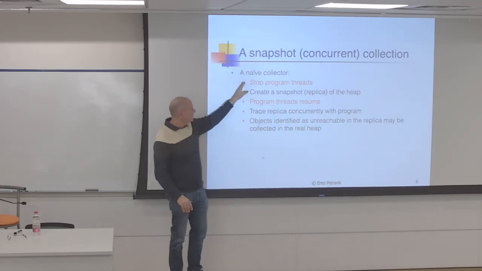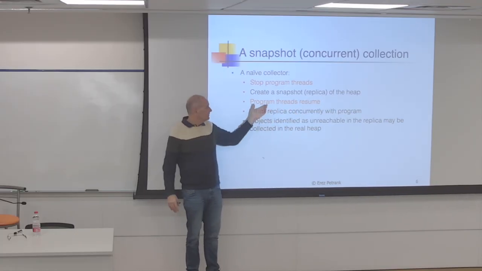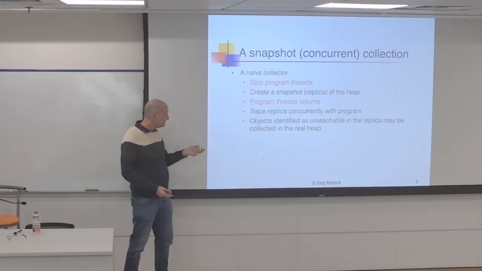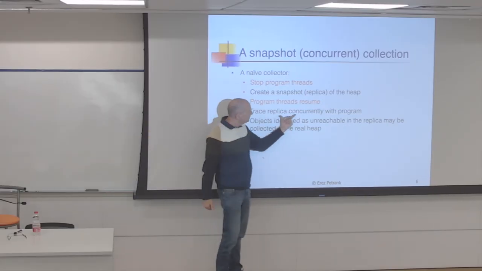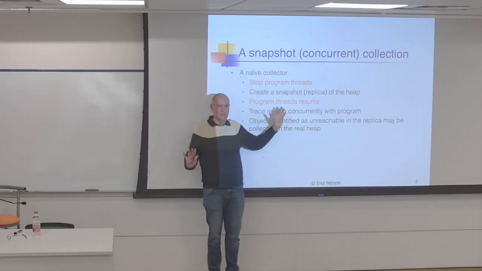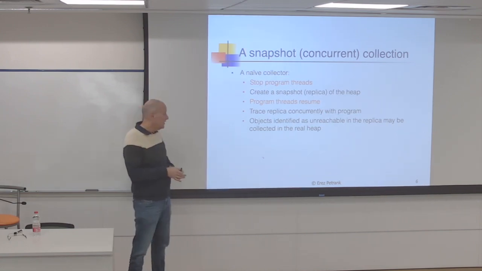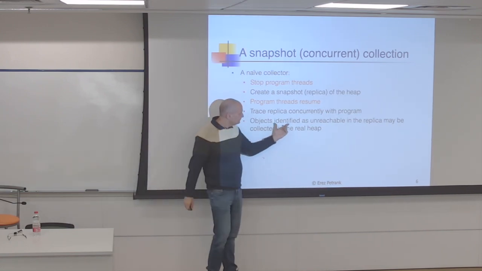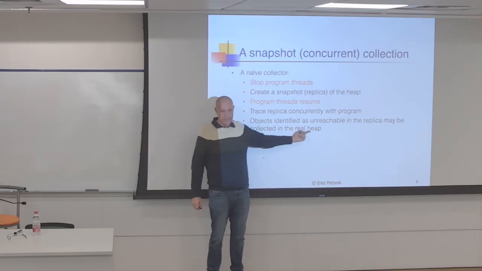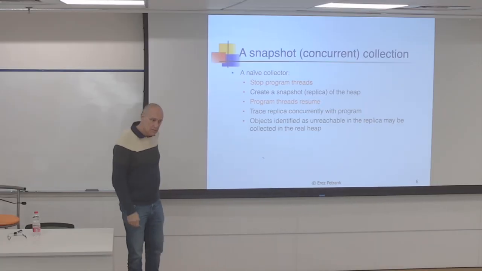So I stop the threads, I copy the entire heap to the side, and then I let the program threads resume and go on working. Then I look at this replica, this copy that I made, and I trace it to find what's unreachable. Once I found what's unreachable, I go to the real heap and I reclaim all these objects. So this is how I work.